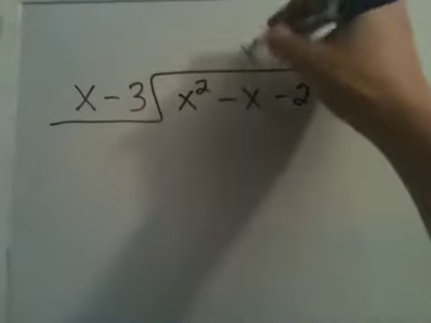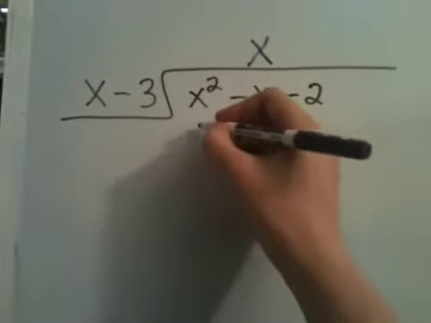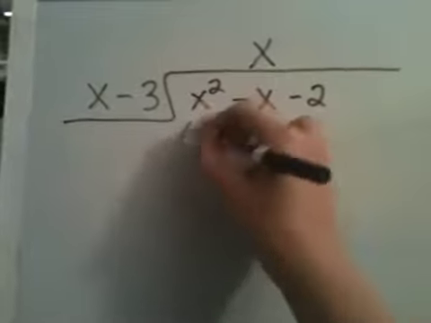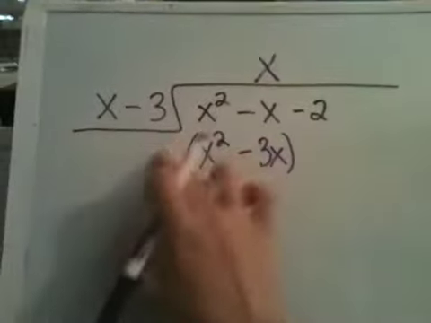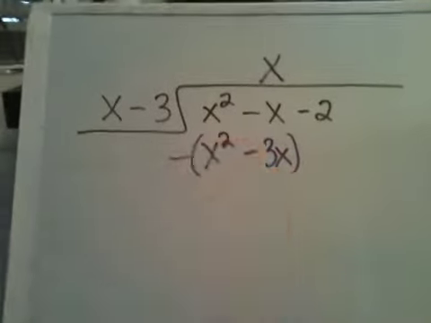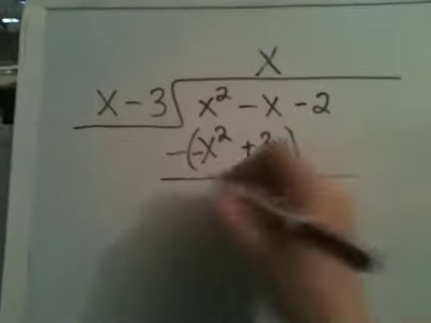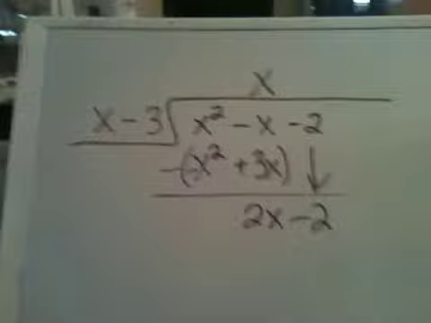Well, that would be an x. So x minus 3 times x gives me x squared minus 3x, and this is where we change our signs because we're subtracting. That gives me a negative x squared plus 3x, which is 2x minus 2.